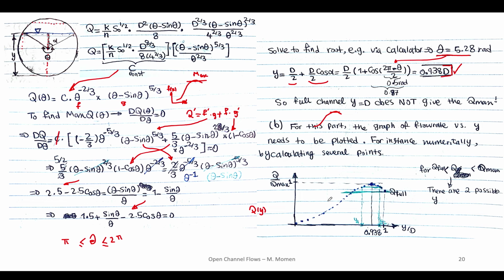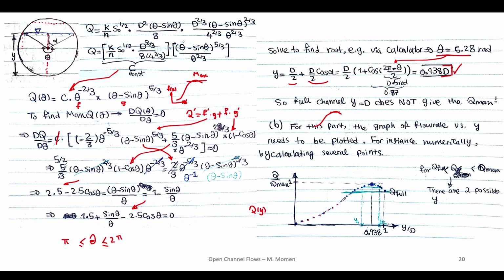And then you can plot Q versus y, or y over D to non-dimensionalize everything, and Q over Q max. You calculate it for each y, and then you just plot it.